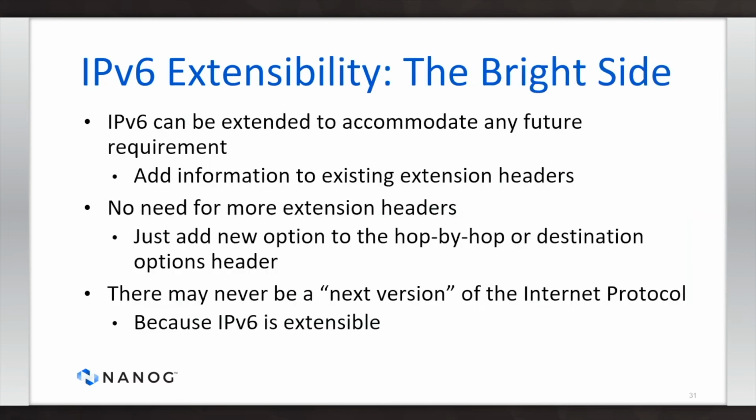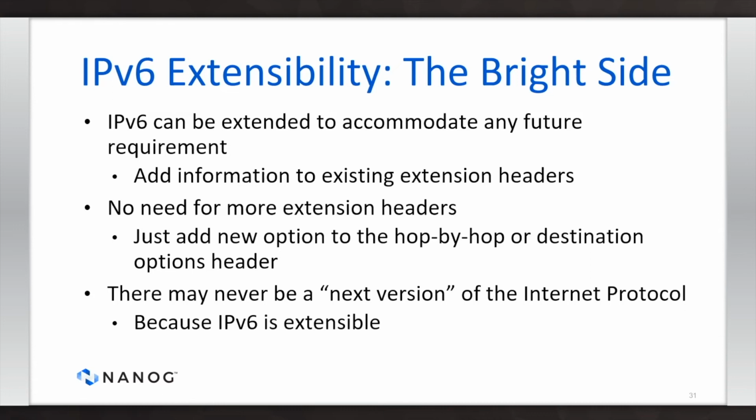Now, let's talk about IPv6 extensibility for a second. And first, we'll look at the bright side. In theory, IPv6 can be extended to accommodate any future requirement. Just add to existing extension headers. You don't even need to add more extension headers. You just add more options for the hop-by-hop or the destination header.